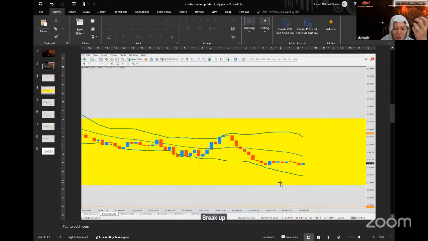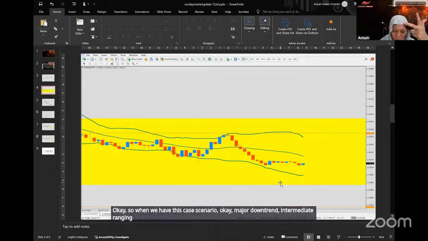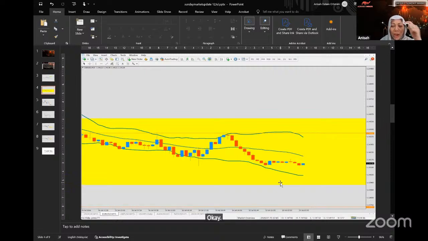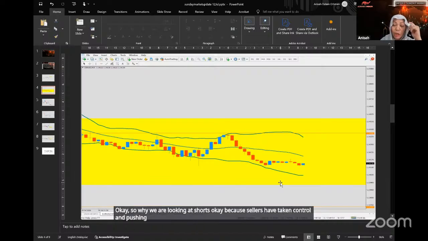So the proper strategy is to go short, because sellers have taken control.